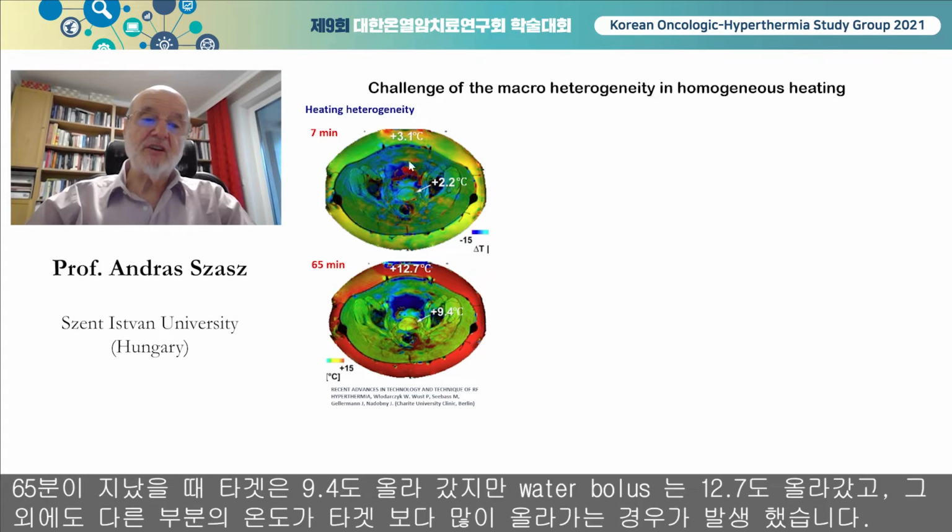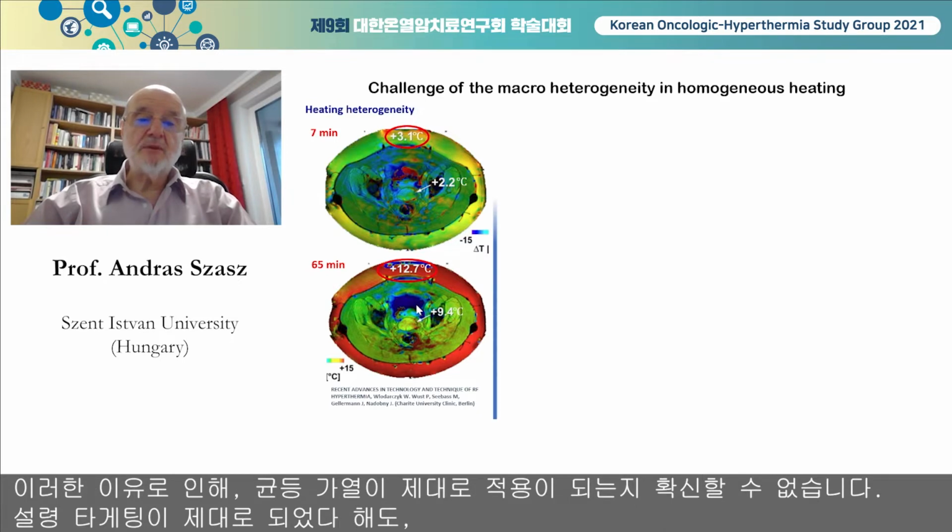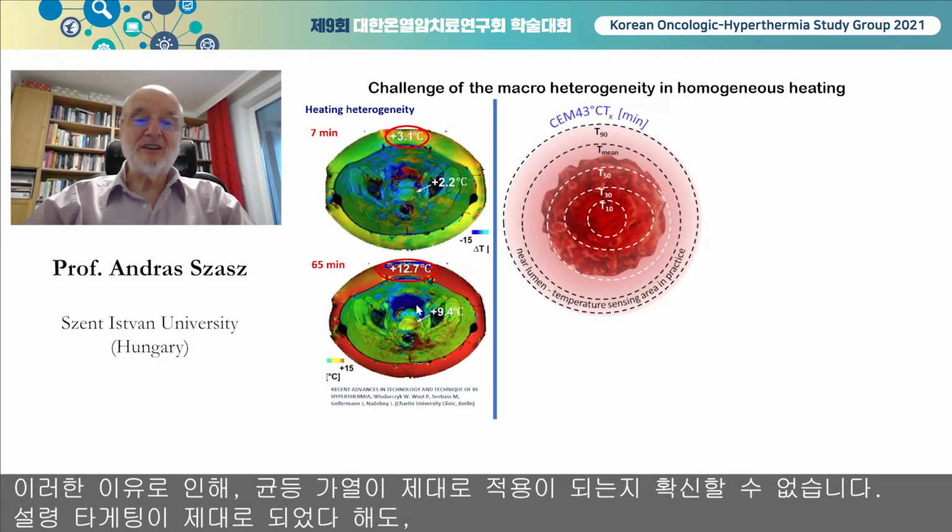And we have a very high heating in a hotspot somewhere else. After an hour, we have a different hotspot, and 9% of the target is very high, but the bolus is even higher. So we cannot be sure of absolutely homogeneous focusing.